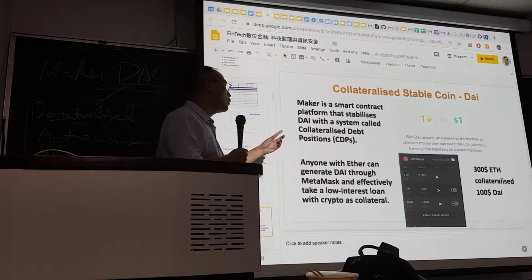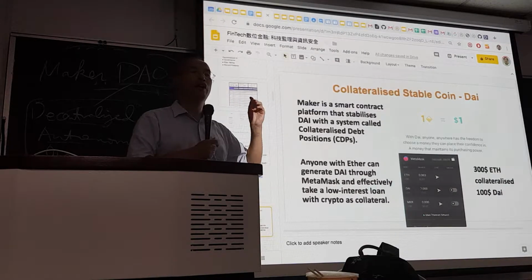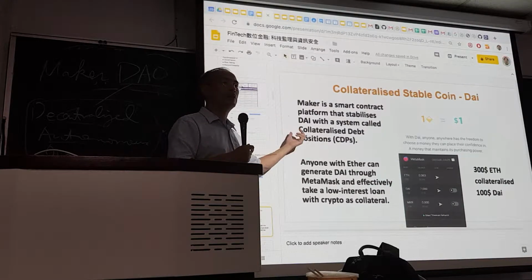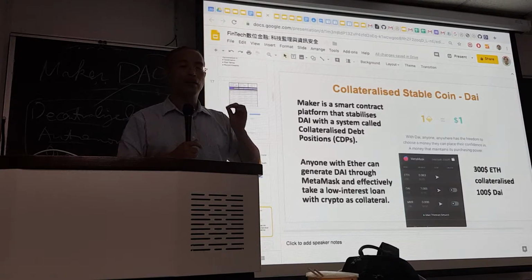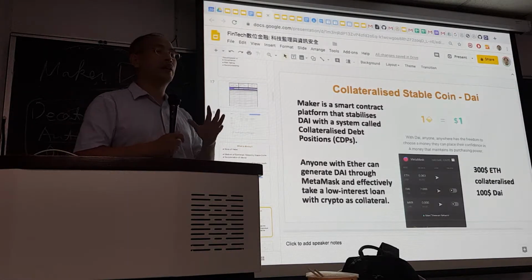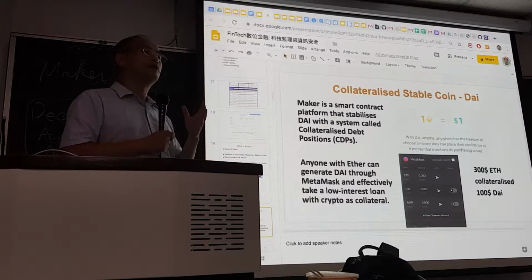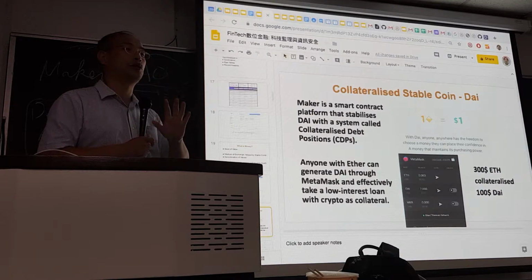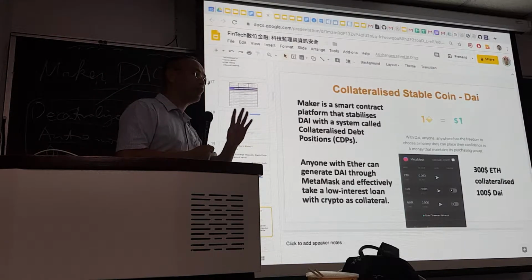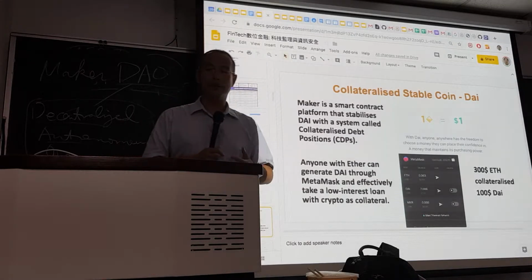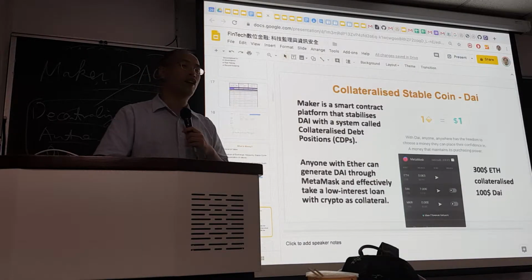So the collateralized position is the following. I put my 10 ethers as collateral, and each ether is, say, 6,000 Taiwan dollars today, but let's make it simple and say it's 10,000 Taiwan dollars.